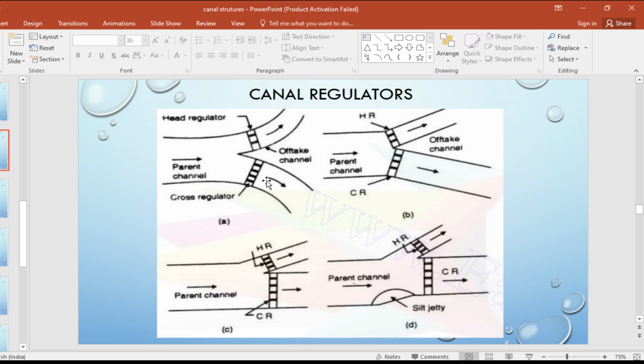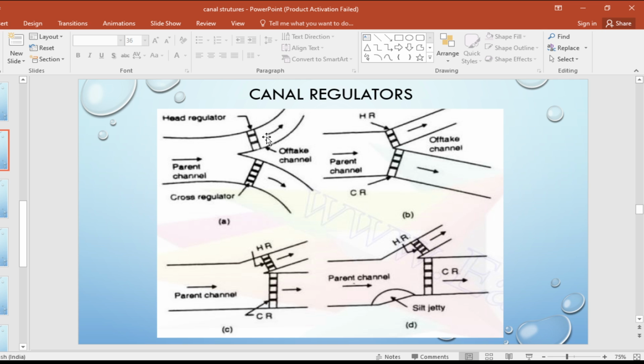Now, when a distributing channel takes off from the parent channel or a main channel, the offtake alignment should be very carefully designed, because this channel finally irrigates the area, and here we are going to provide the regulators too.